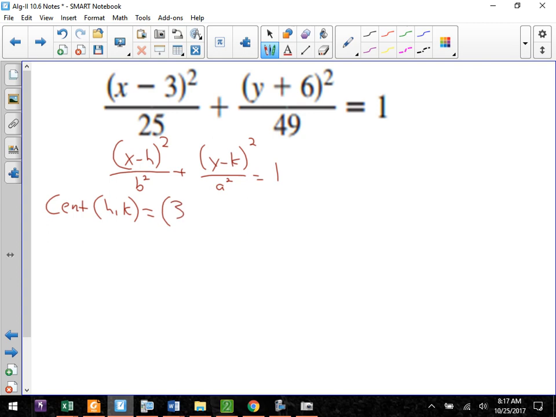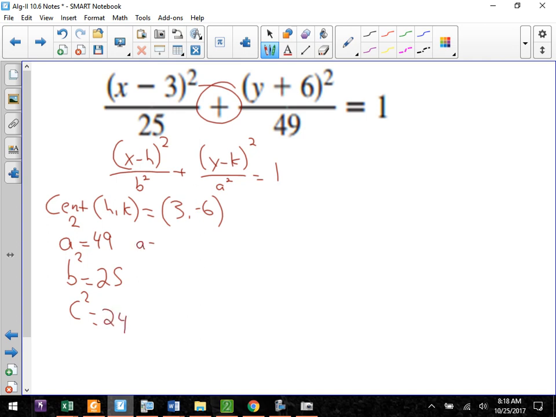So we're at 3, -6. Our a squared value is 49. Our b squared value is 25, which makes our c squared value 24. Remember, it's the opposite. When you find c squared, it's always going to be the opposite of the sign up there. So our c squared will be 24.